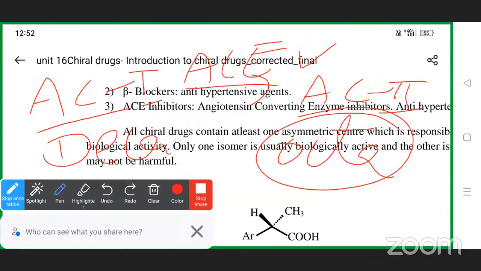So this is a regular process which takes place in the smooth muscle.